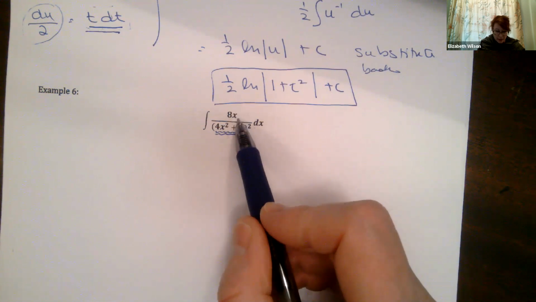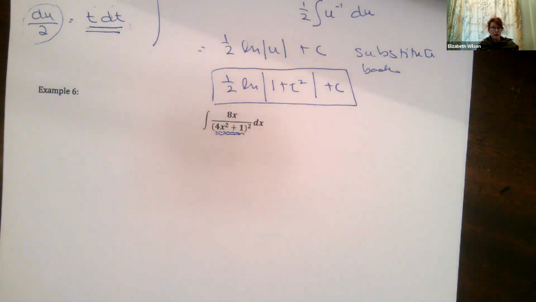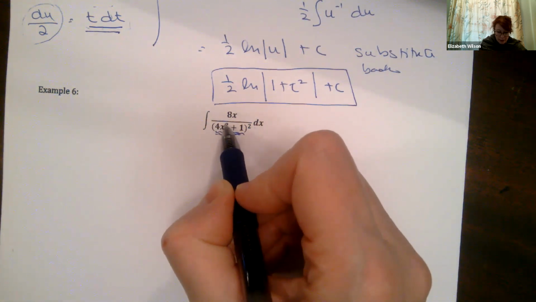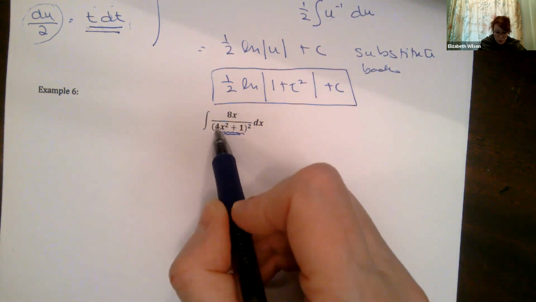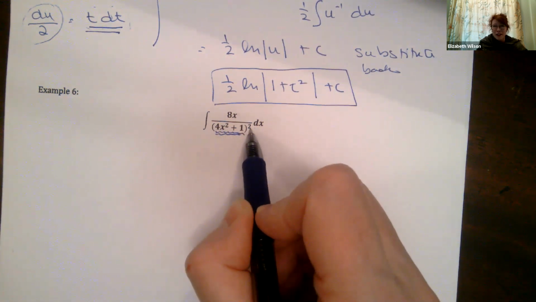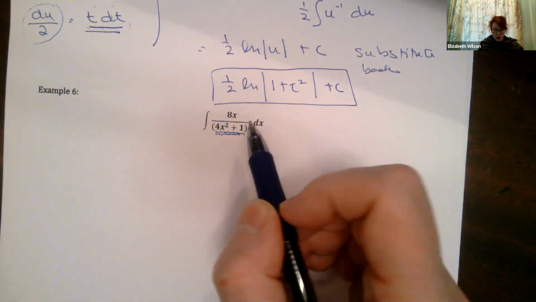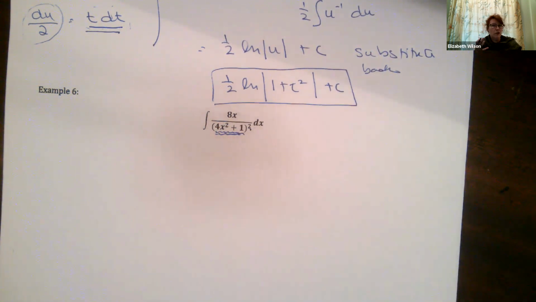So I've got an x here, and I know that this is going to be a derivative of this here. But if I do 4x squared plus 1 quantity squared, the derivative of that is much more complex than just x. So these are clues in your mind when you're thinking about what to choose from my function to substitute for.